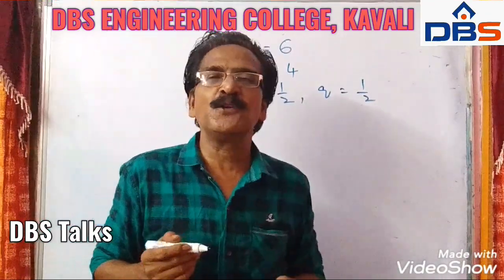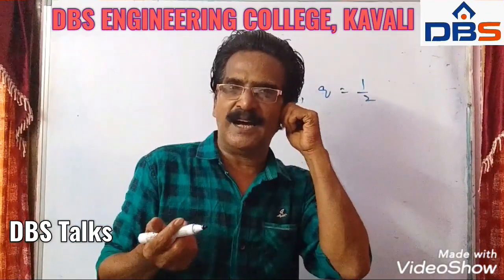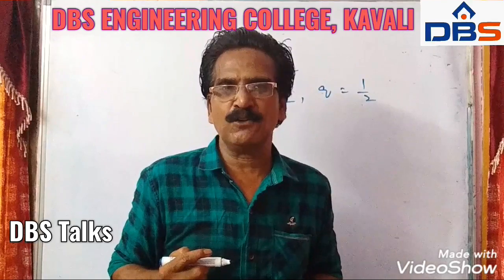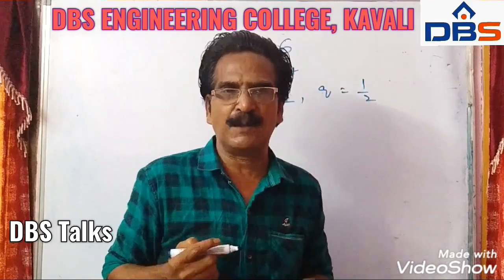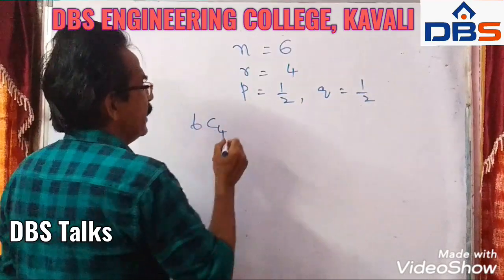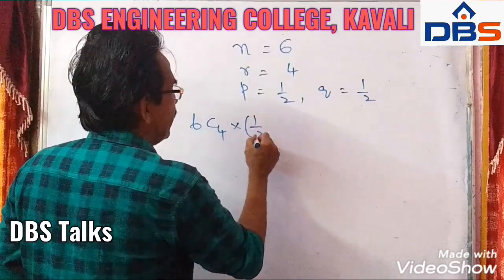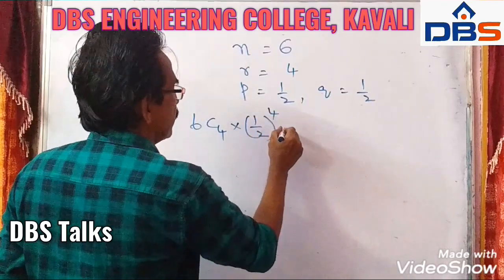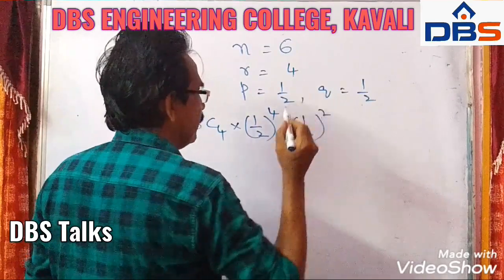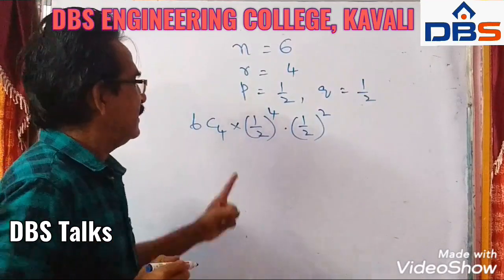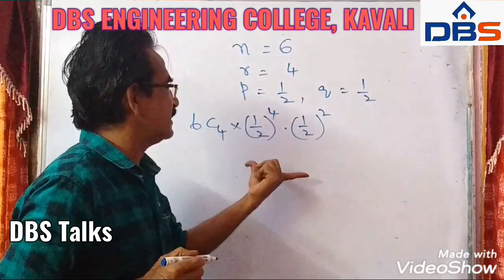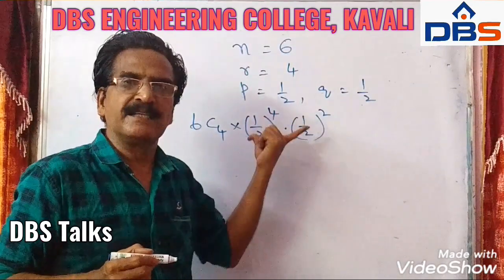We know n, we know R, we know P, we know Q. We know the formula: NCR into P power R into Q power n minus R. So 6C4 into P power R into Q power n minus R. You can simplify this formula and get the answer.